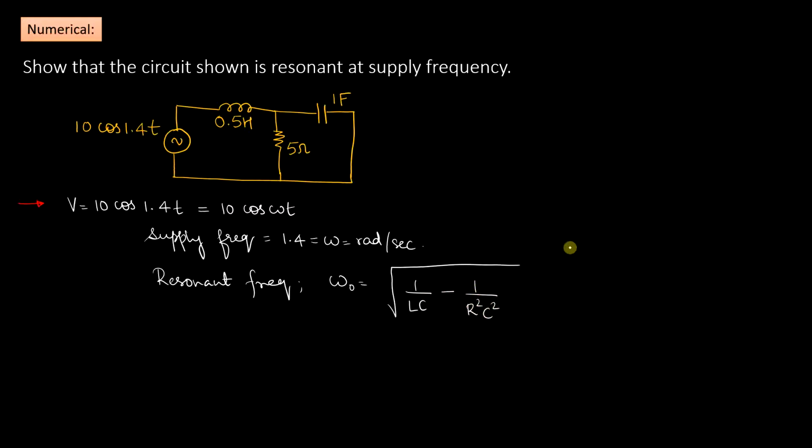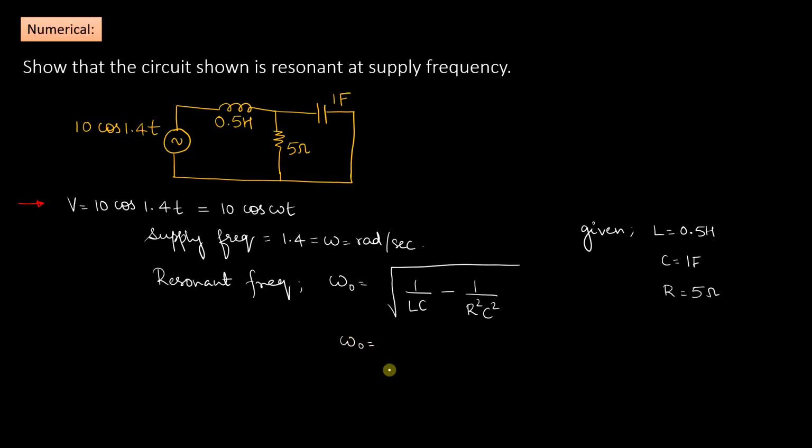Now in the question they have given you the values of L equal to 0.5 Henry, C equal to 1 farad and R equal to 5 ohms. So substitute the values and obtain the result.